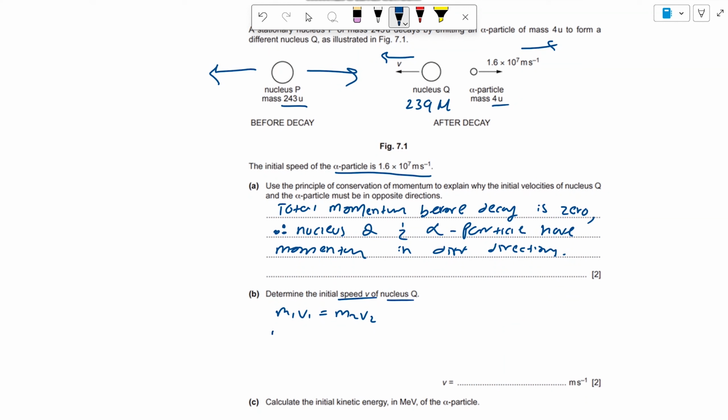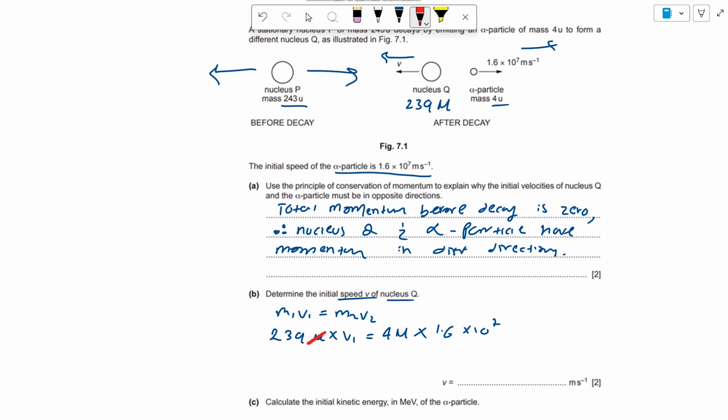So 239 U times v1 is equal to the mass of the alpha particle, which is 4 U, times its speed, which is 1.6 times 10 raised to the power of 7.